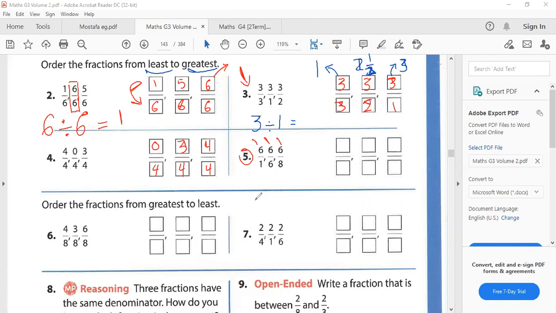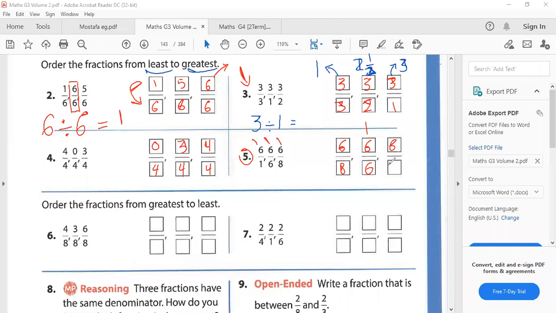6 over 8. Excellent. 6 over 8. The greatest denominator means the least fraction. Okay, then 6 over 6. Excellent. It is 1.